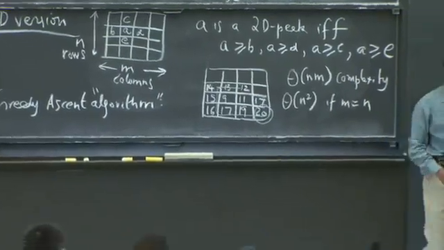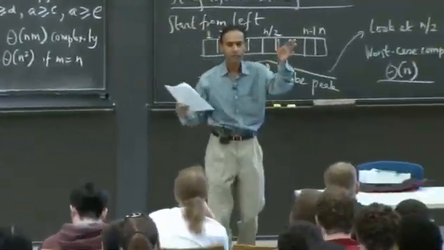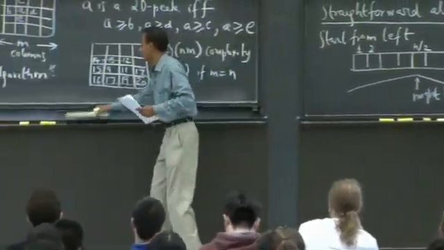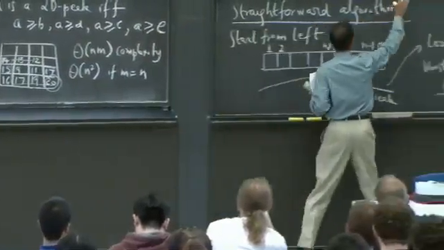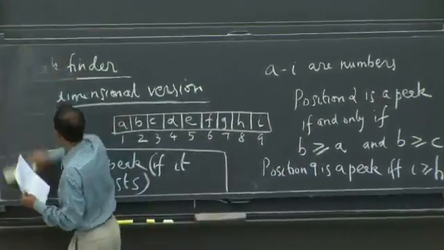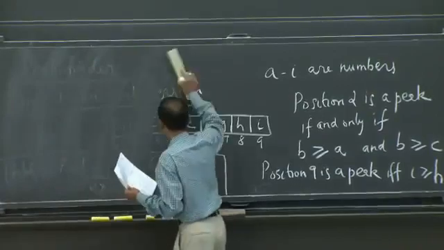All right. So let's talk about divide and conquer. Let's say that I did something like this, where I just tried to jam the binary search algorithm into the 2D version. All right?